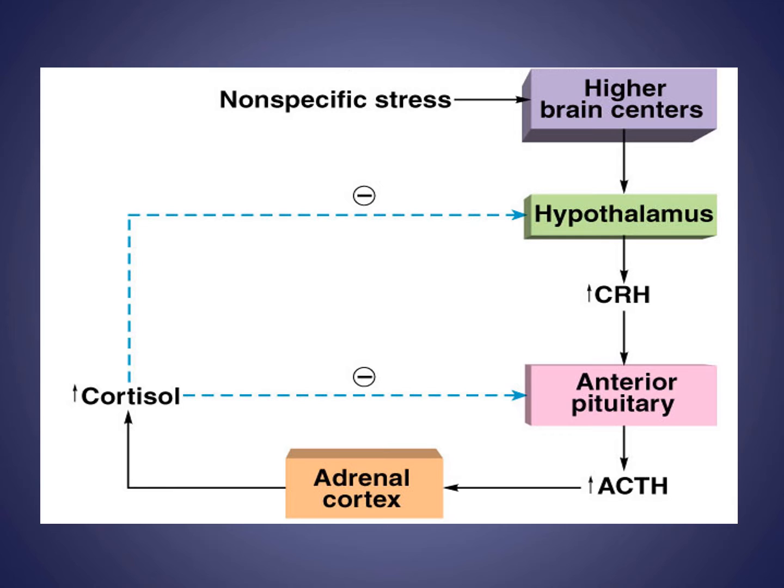After the stress has subsided, cortisol exerts a negative inhibition upon the hypothalamus to stop more release of CRH, and upon the anterior pituitary to stop more release of ACTH, and again the axis calms down.